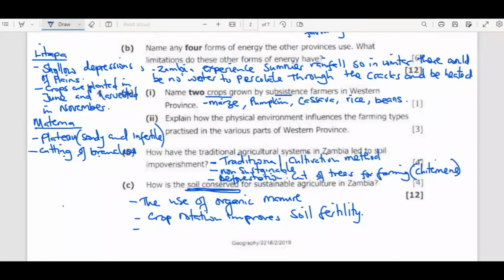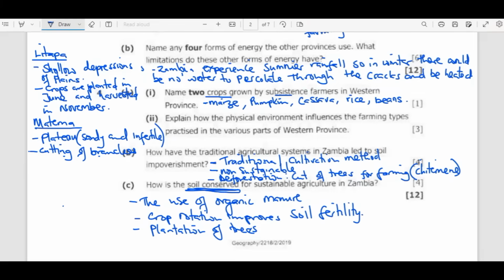Apart from that, the other one is plantation of trees. Trees plantation also improves the soil.